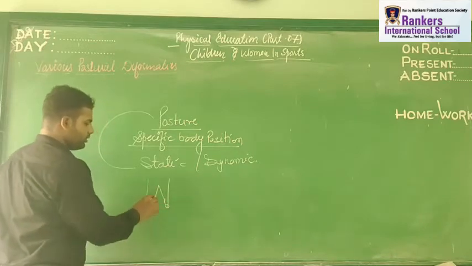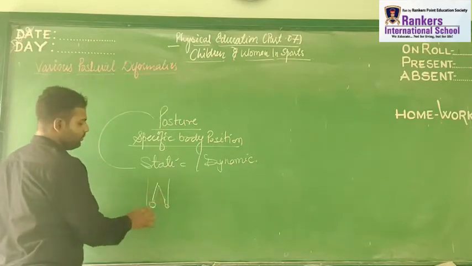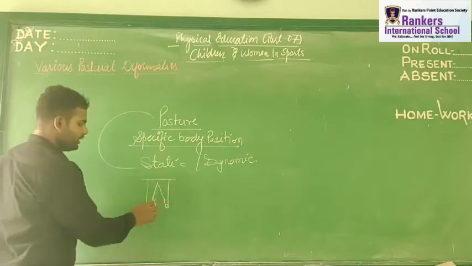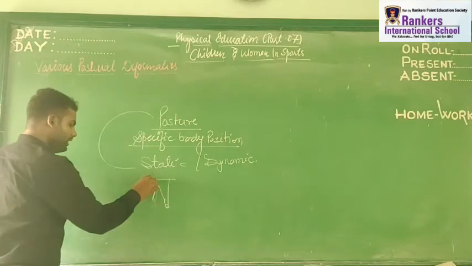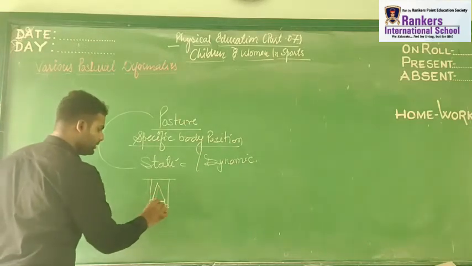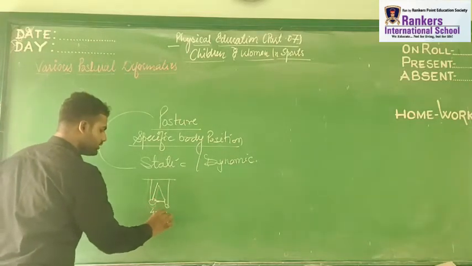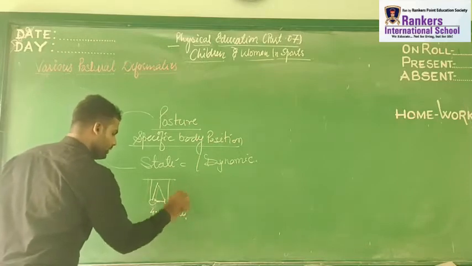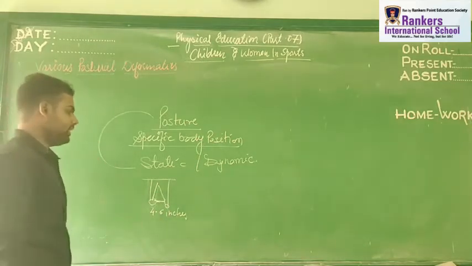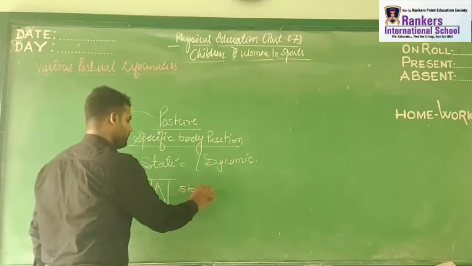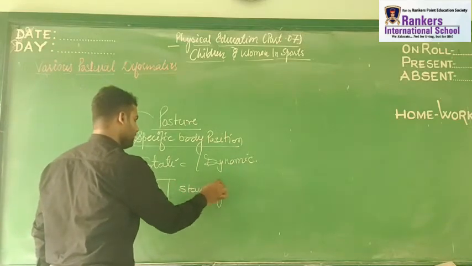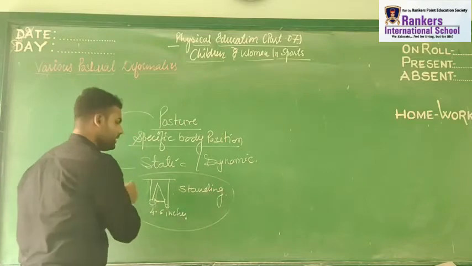There should be a distance between the legs of 4 to 6 inches. Again, this is about a normal standing. This is the first thing.